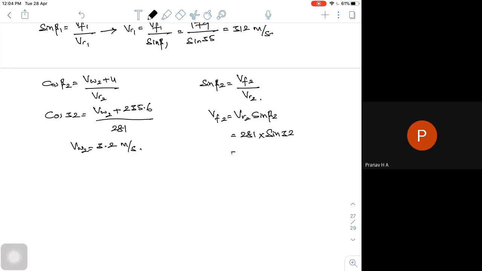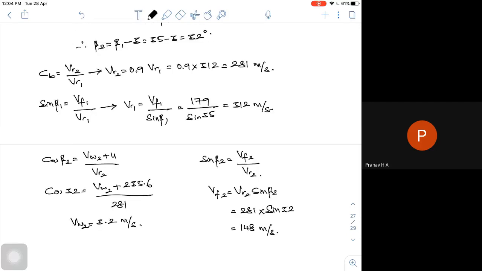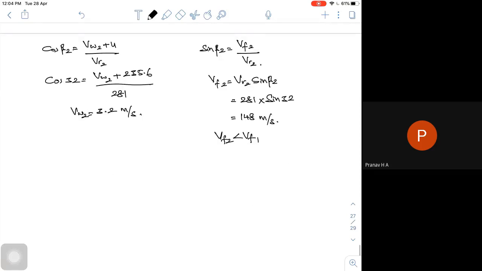I am getting VF2 as 148 meters per second. Your VF1 is 179 and my VF2 is less than VF1 because there is friction. So the first thing you have to find is VW1 and VW2, that is found.